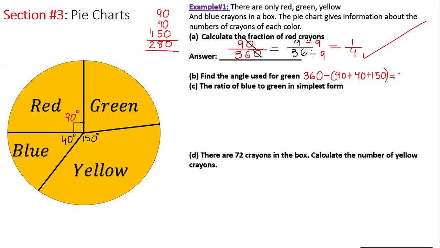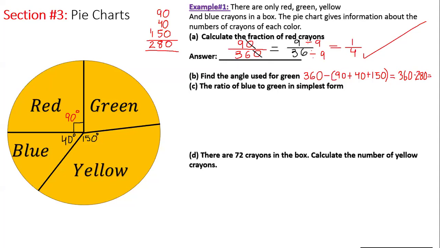So we have 360 minus what? Minus 280. And what is 360 minus 280? That gives us what? 80.